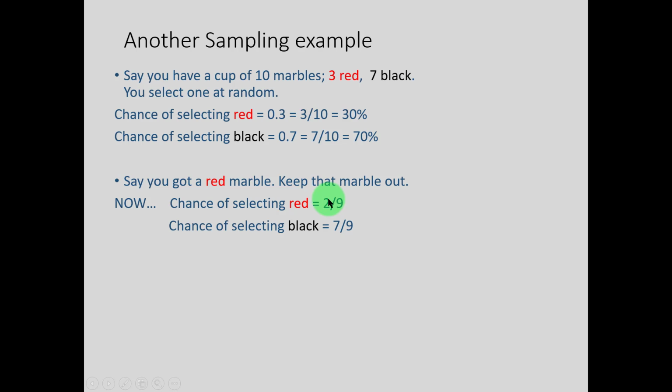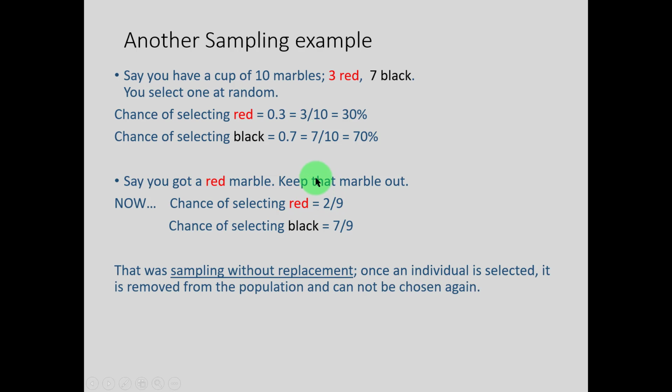What I've just demonstrated is the idea of sampling without replacement. Once an individual is selected, it's removed from the population and cannot be chosen again. So that's kind of classic. You don't usually select, say, the same person twice, because that individual does not exist twice in the population.